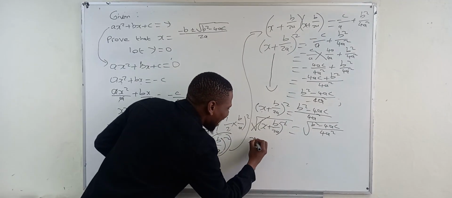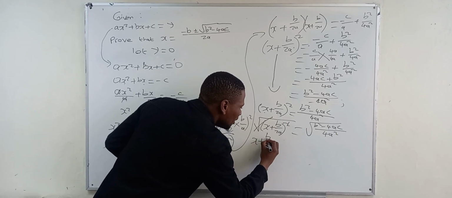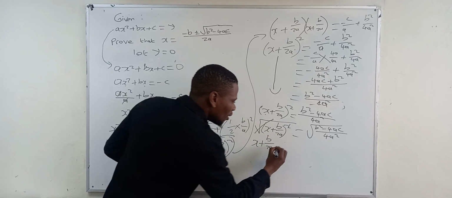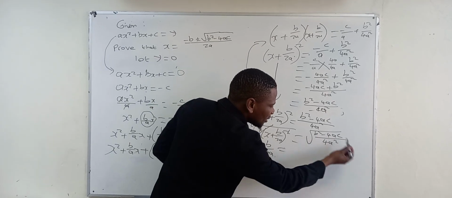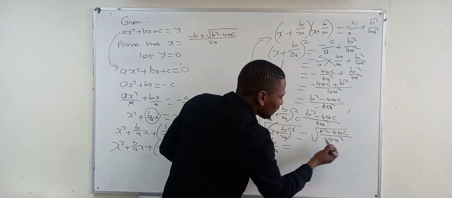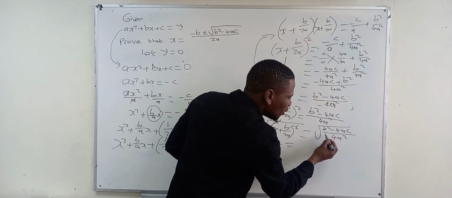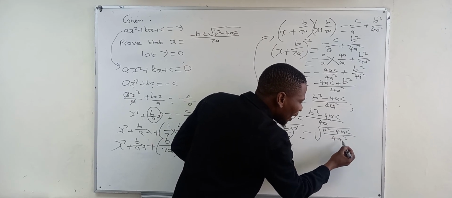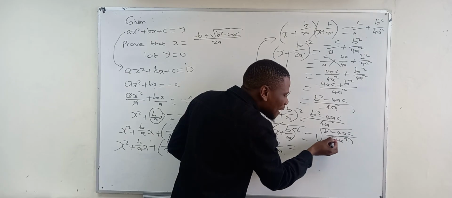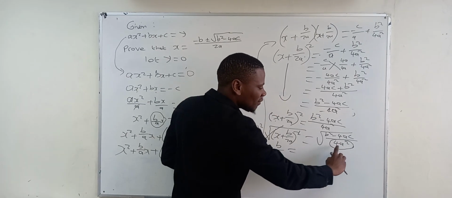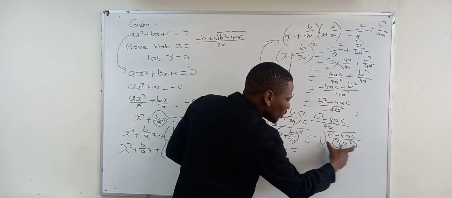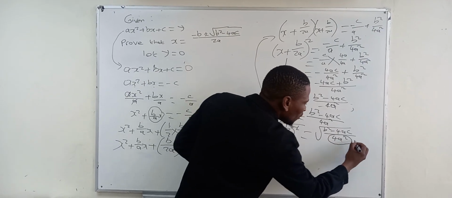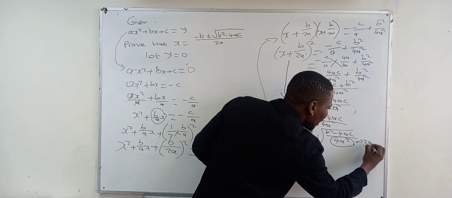So we'll be having what? x plus b over 2a will be equals to, so if you look at this, the square root of b squared minus 4ac over 4a squared. This is called the perfect square because you have the value of 4 and the a squared. So the square root of this one will be having what? 2a.